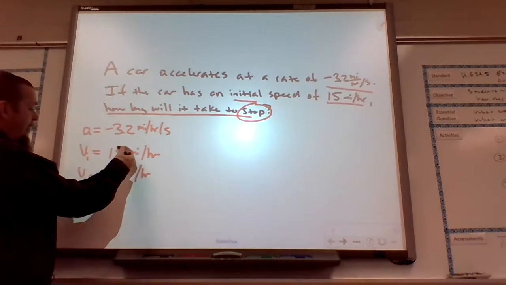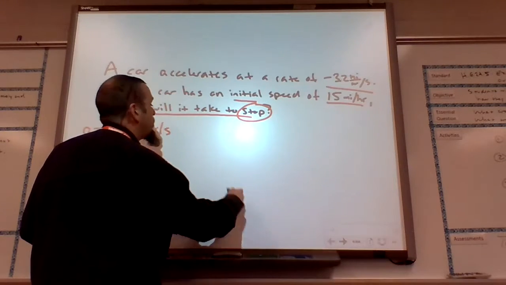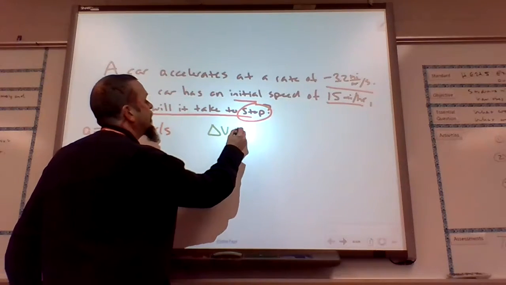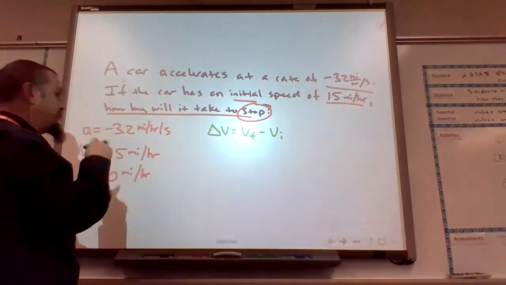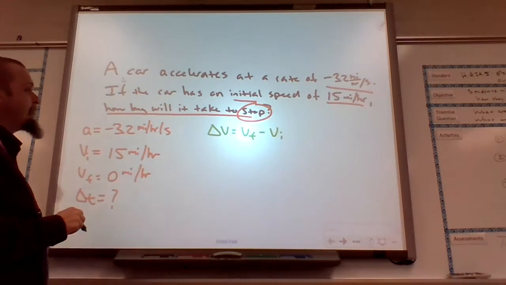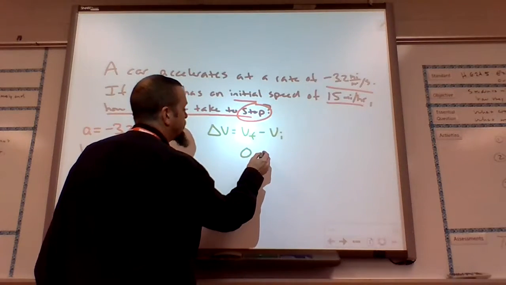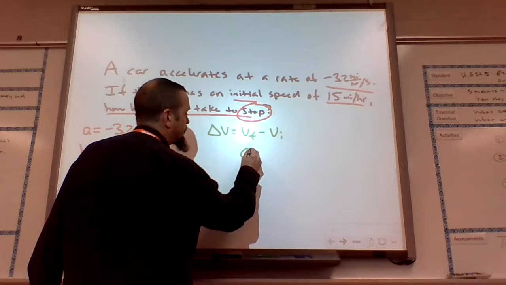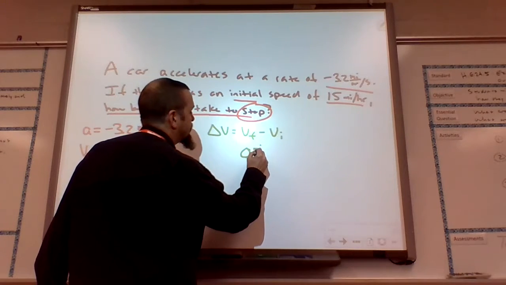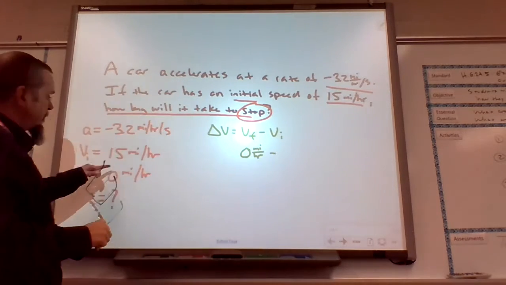Again, we're going to go ahead and find our delta V first. Delta V equals VF minus VI. My final velocity is 0. My initial velocity is 15.